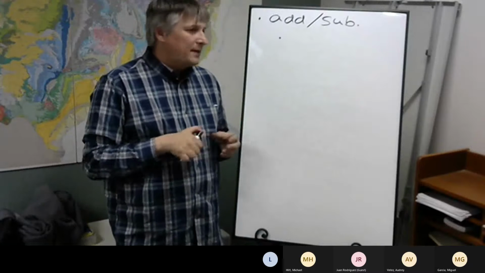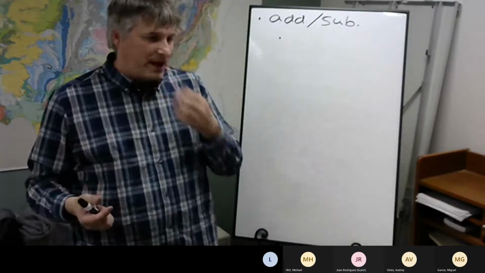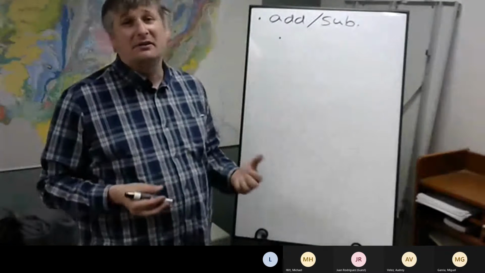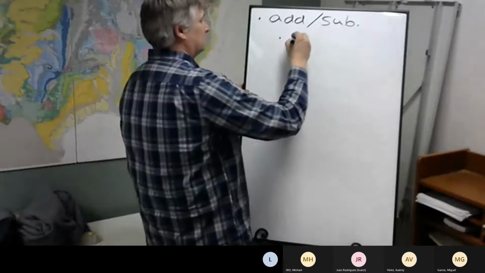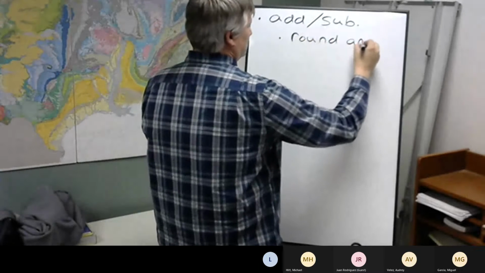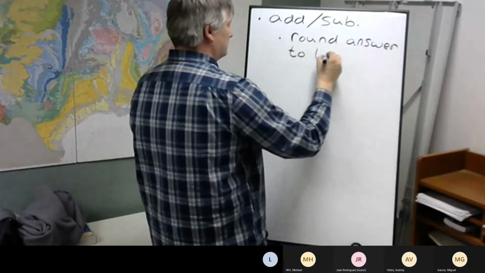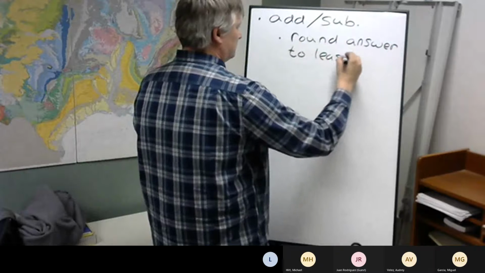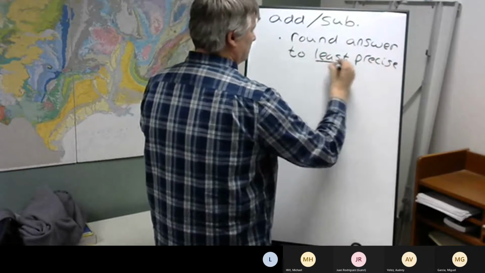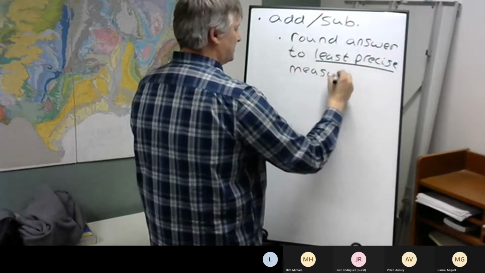And what that means is, when we add and subtract, we have to round the answer to the least precise measurement.